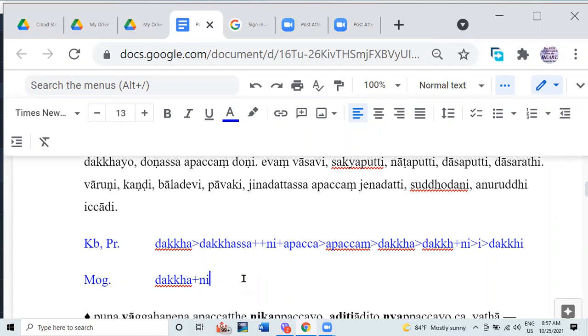Here also the Taddhitakaṇḍa suffix brings the meanings of two words: the meaning of dakkha and the meaning of abhaja. Because dakkhasa abhaja, Dakkhi, means not the sun itself but the son of Dakkha.